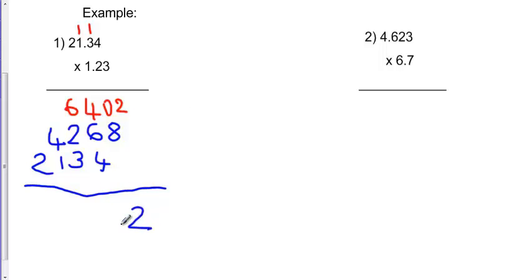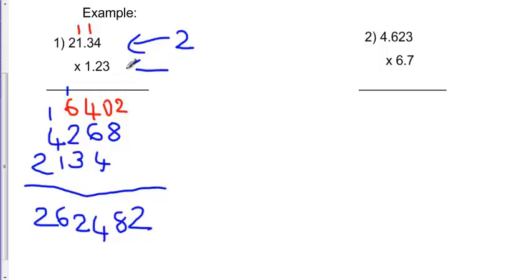2, 8, 10 plus 4, 14. Carry the 1. 6 plus 1, 7, plus 2, 9, plus 3, 12. Carry the 1. 4, 5, 6, and 2. Alright, I have a total of 2 digits after the decimal in the first number, and 2 digits in the second number also.